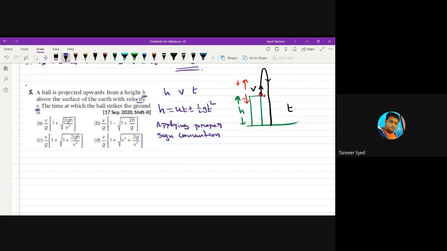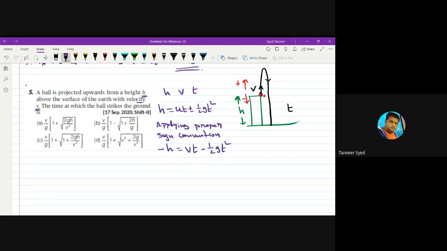h equal to ut plus or minus half gt square becomes, is it plus or minus? Minus, because downward displacement is downward. Minus h is equal to u, in place of u we have v. Is this v positive or negative? It is upward, so it is positive. Vt. G downward, so minus half gt square.